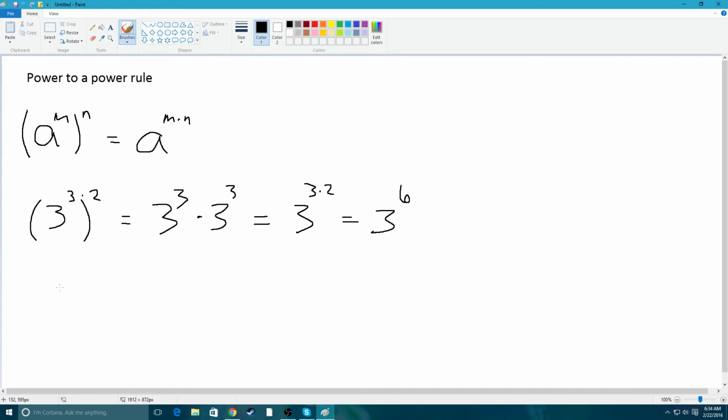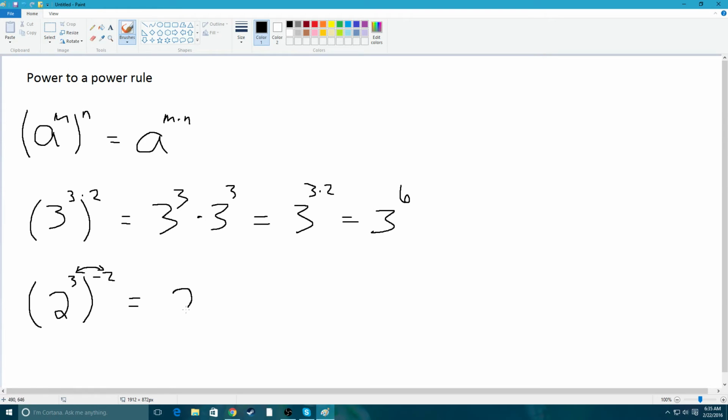Another example would be something like if you have negative exponents. If you've got 2 to the third power to the negative second, same thing, you have to multiply the exponents.